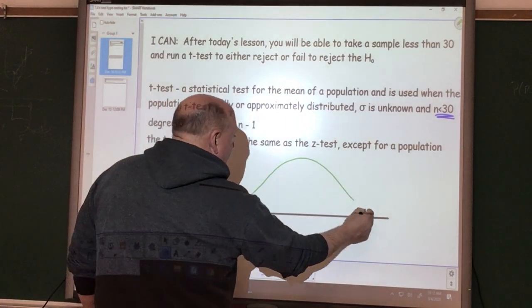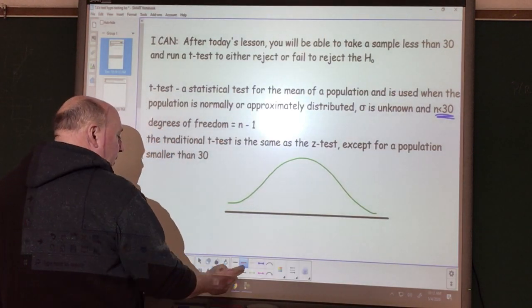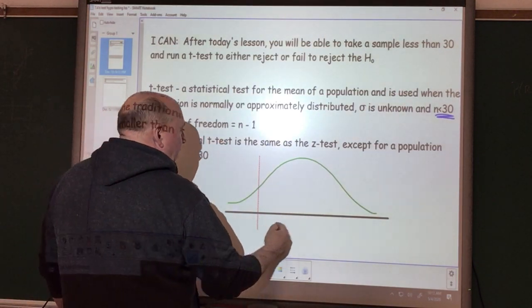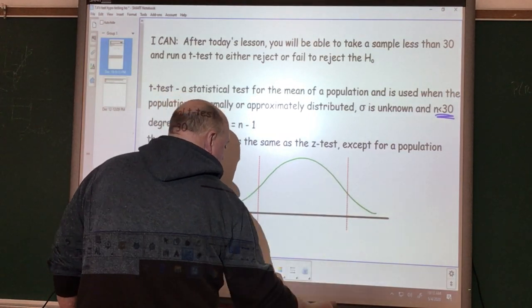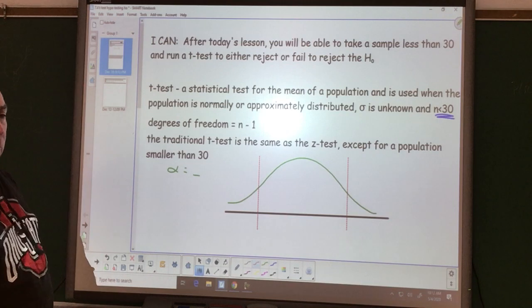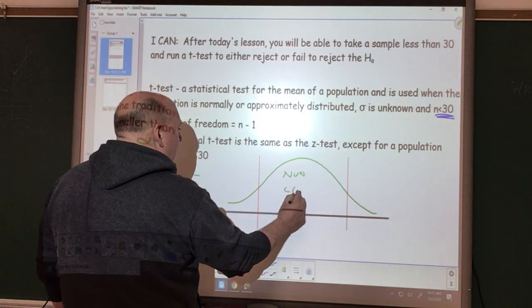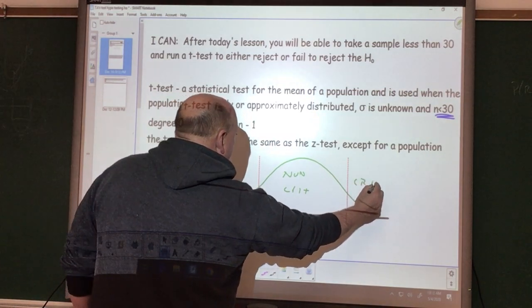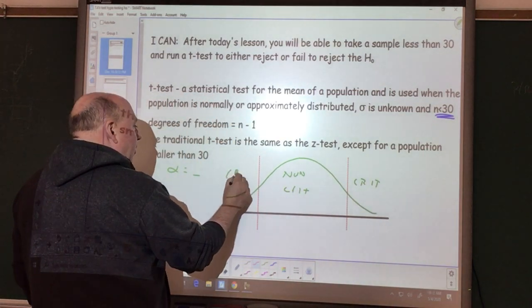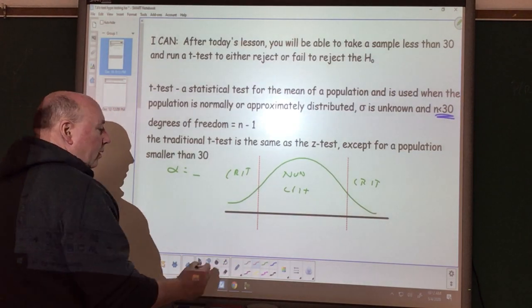So you'll still get this. If I look at a two-tailed test, you'll be given an alpha value. We have non-critical and we have critical regions. This was our critical value.